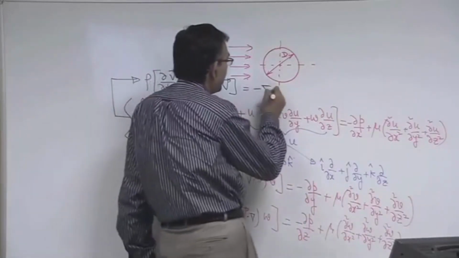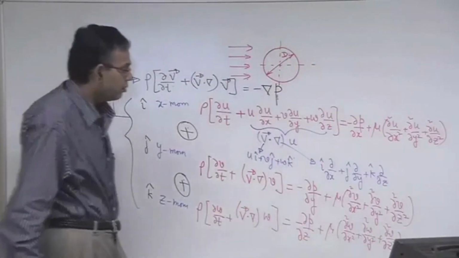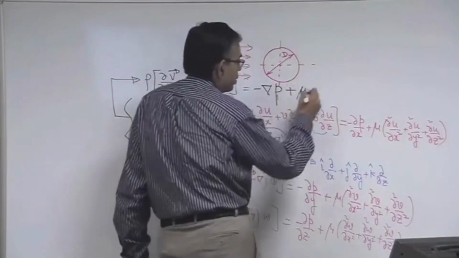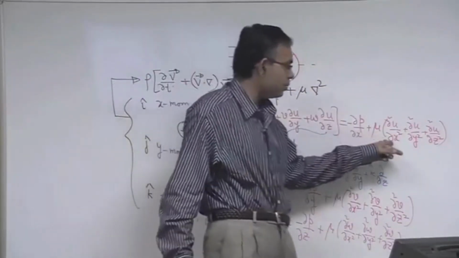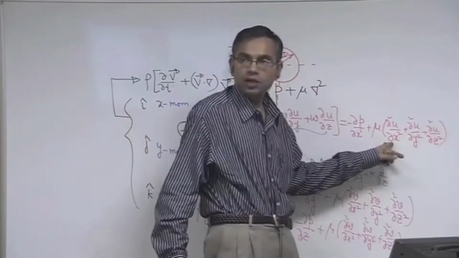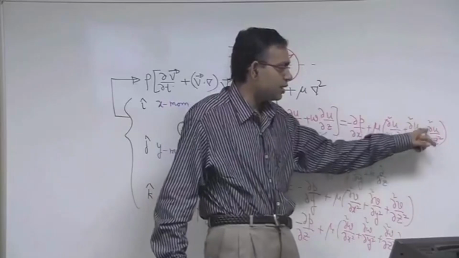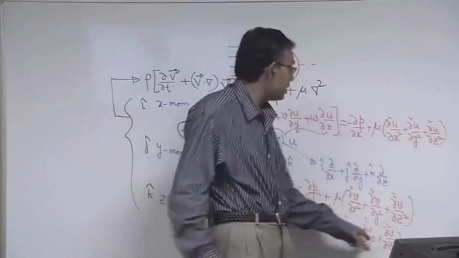So, minus grad of p plus mu del square of, so see here the operator is Laplacian operator, del square del x square plus del square del y square plus del square del z square of ui plus vj plus wk.